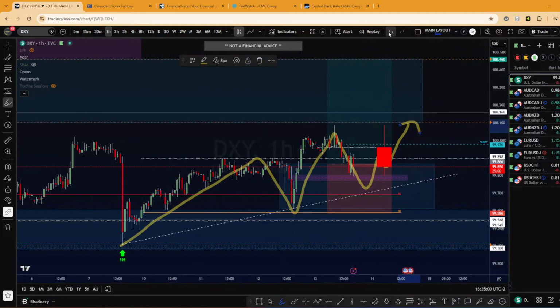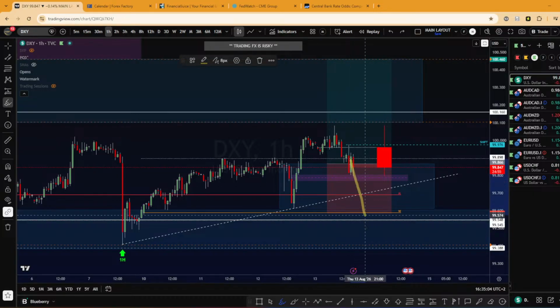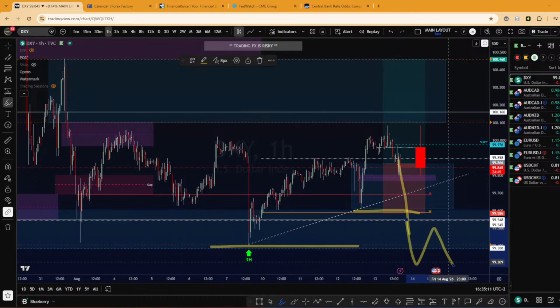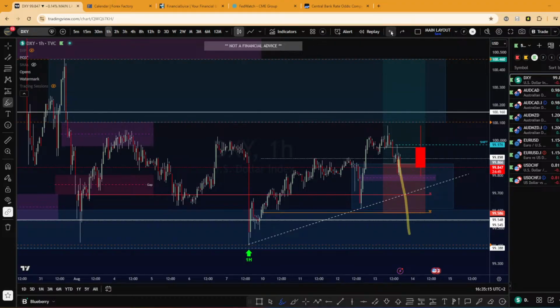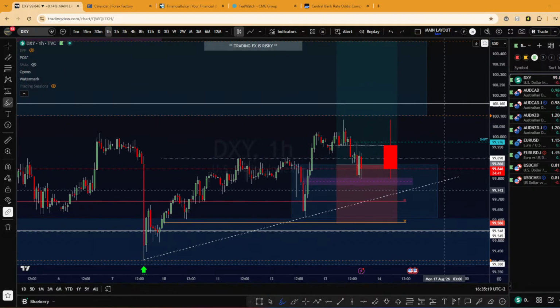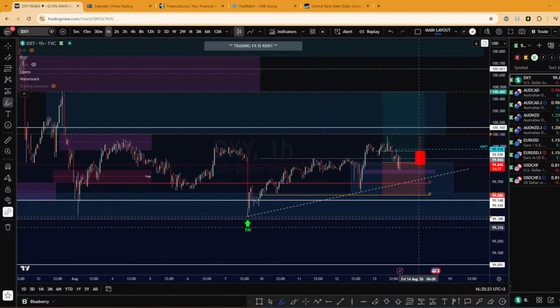So I think the bearish momentum will happen once we break below this level or even this low. Then price will continue to drop. But right now, I'm still a little bit bullish on this one.